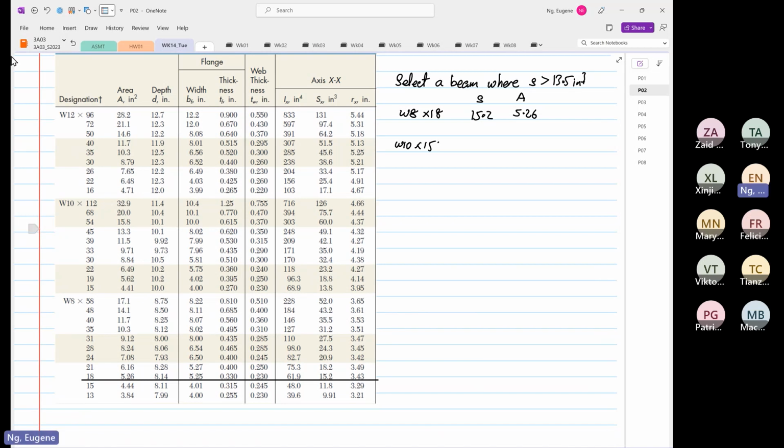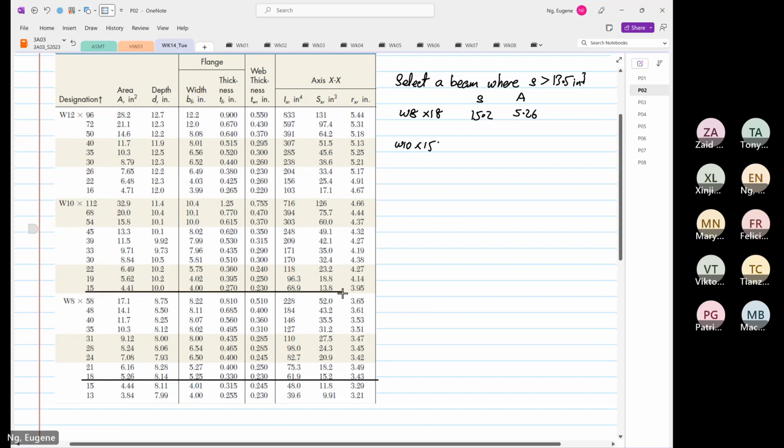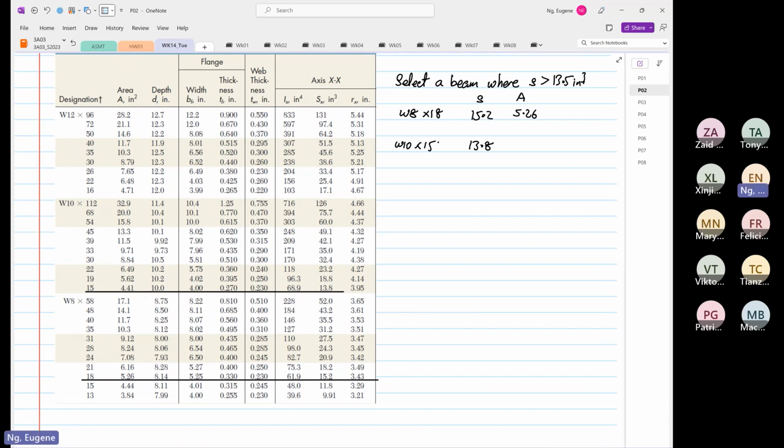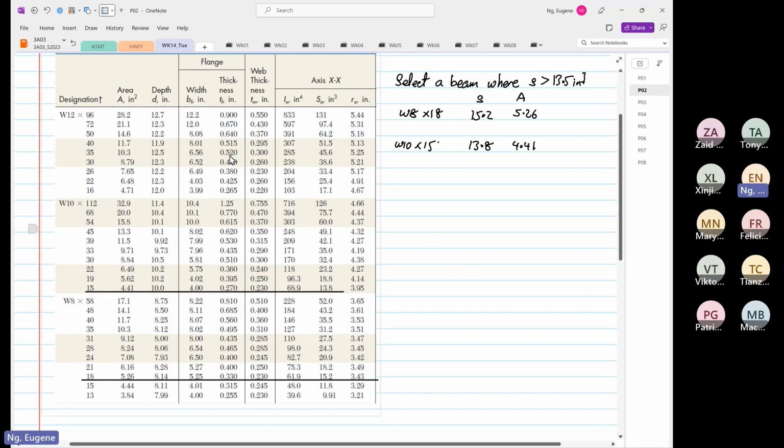The S value is 13.8, and the cross-sectional area is 4.41. The smaller the cross-sectional area, the better. It means it's lighter.